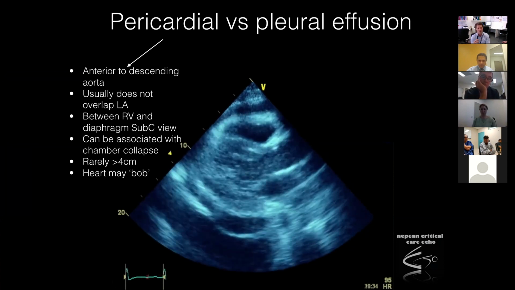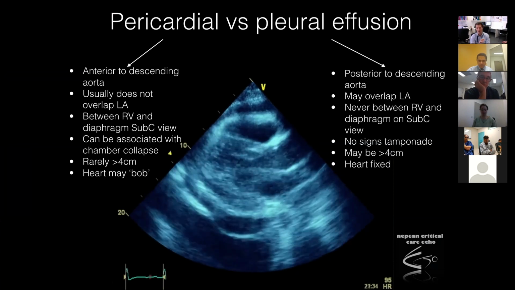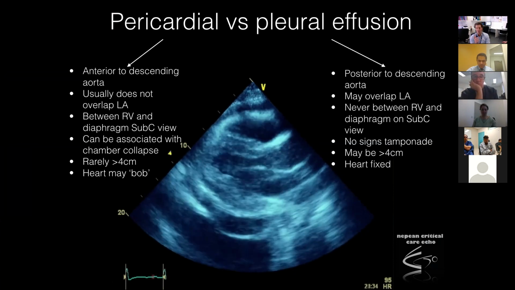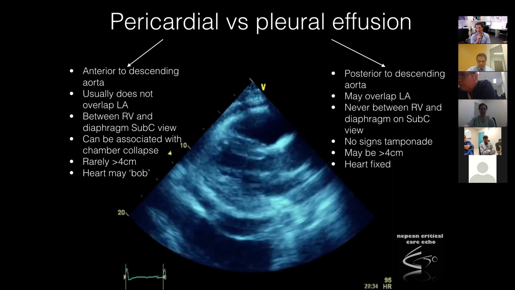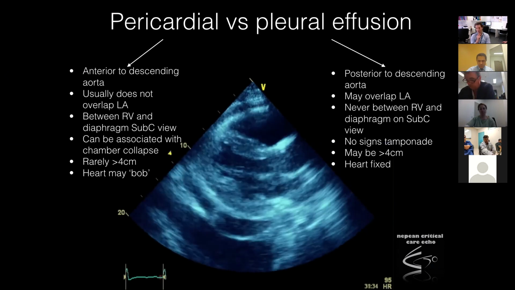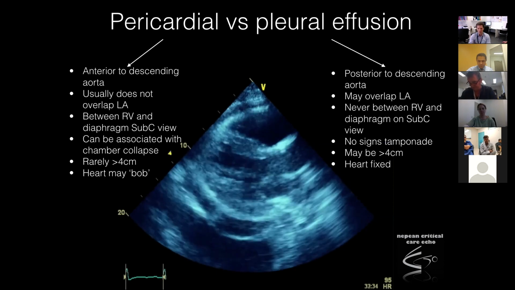And you might see the heart moving around. The pleural effusion is posterior to the descending aorta. It may overlap the left atrium. It's never between the right ventricle and the diaphragm on subcostal, okay? And it can be greater than 4 centimeters.